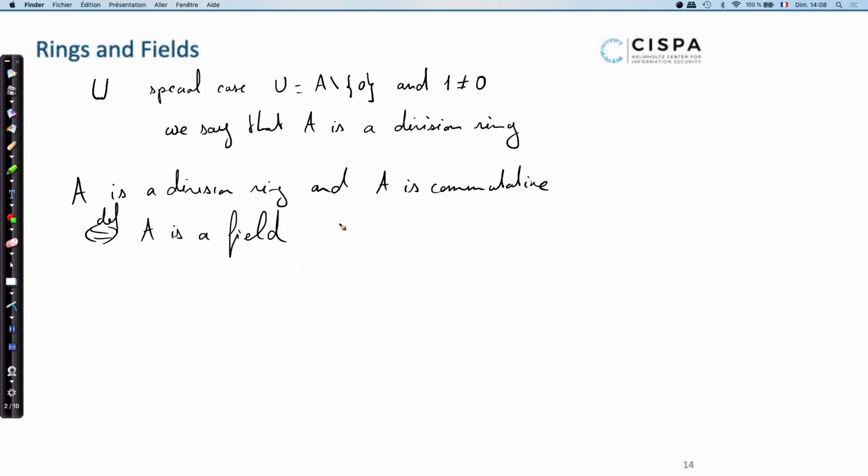Okay, so because of the definition, a field is always going to be commutative. Every element which is non-zero is going to be invertible in the field. And furthermore, 1 is going to be different from 0. So any field will have at least 2 elements. Good.